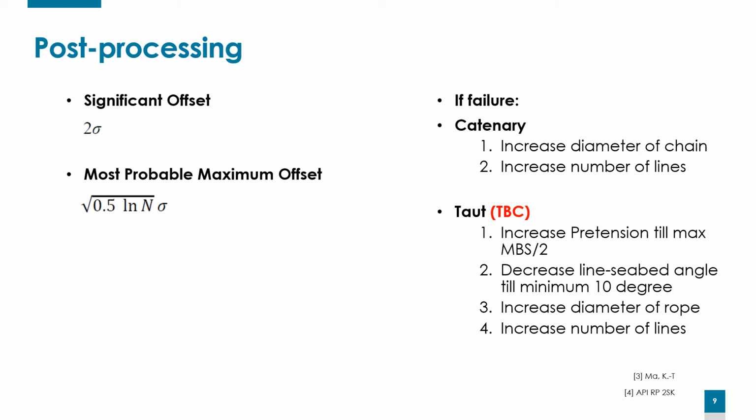For a taut mooring system, the pretension will be increased while the seabed angle will be modified. Following this, the diameter of the rope will be increased, and finally increase the number of lines.